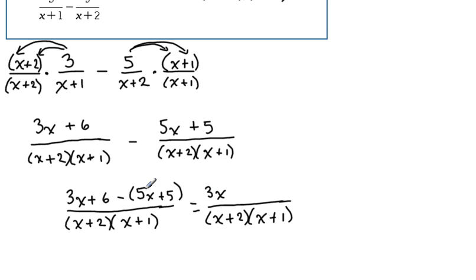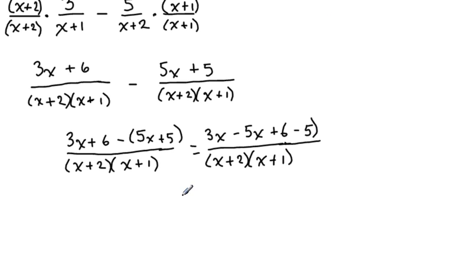Let's go ahead and write the like terms together. So 3x minus 5x plus 6 minus 5. All right, next up, we're going to combine like terms on top.